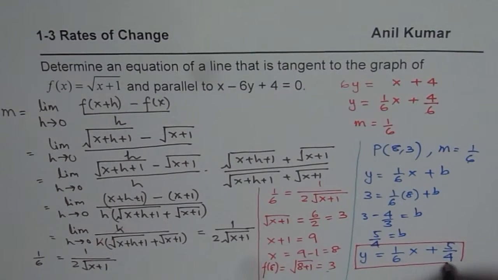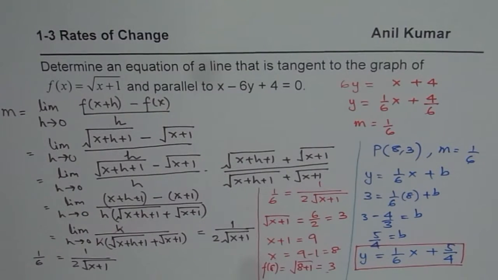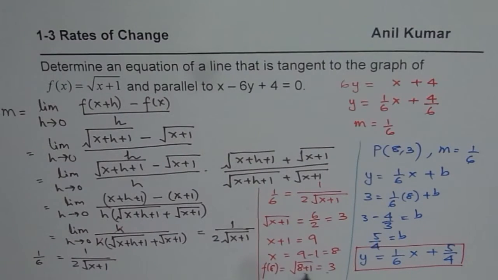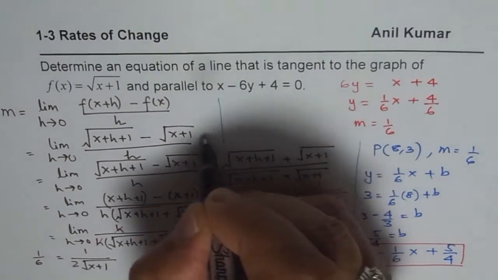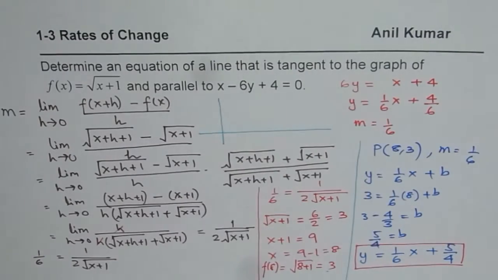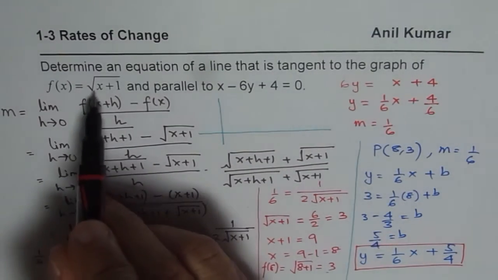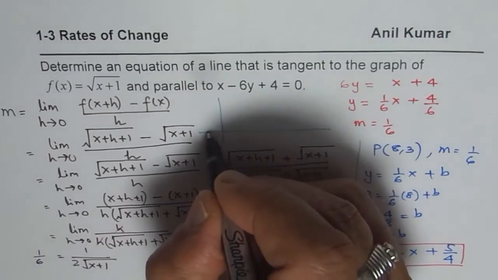It has the same slope as the given line, and it touches the given function, square root of x plus 1. Now, just to give you an idea, the x value for us is 8, so we can sketch this. The graph of square root of x plus 1 looks kind of like this.